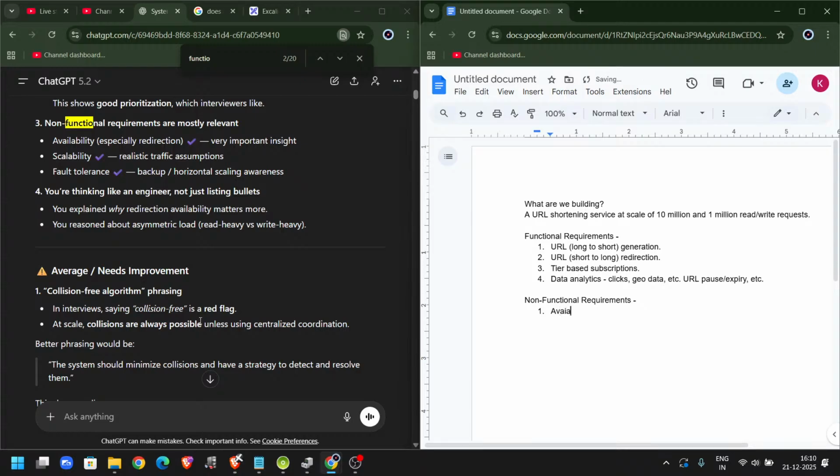Availability, consistency and latency: less than 50 ms for writes, less than 10 ms for reads.